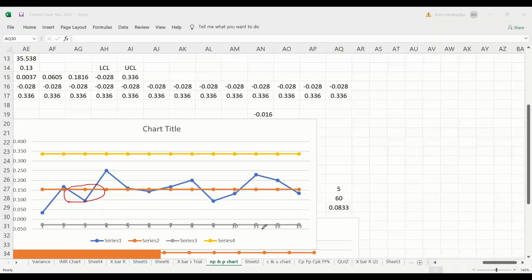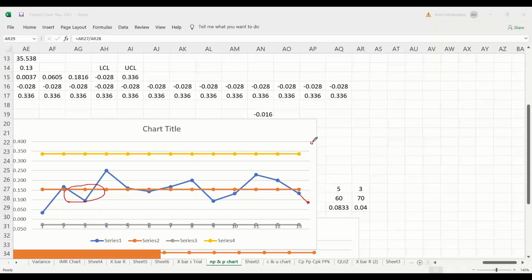So 0.05 is here and 0.01 is here, so around 0.08 the point will come. You will plot it here. Next day, if there are 3 defective samples out of 70, what is the proportion? The proportion is 0.04, so you plot the value of 0.04.